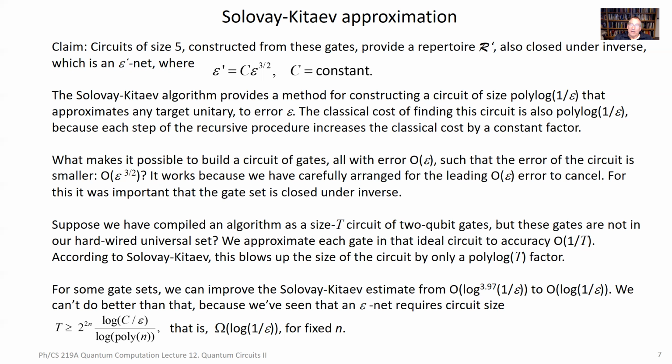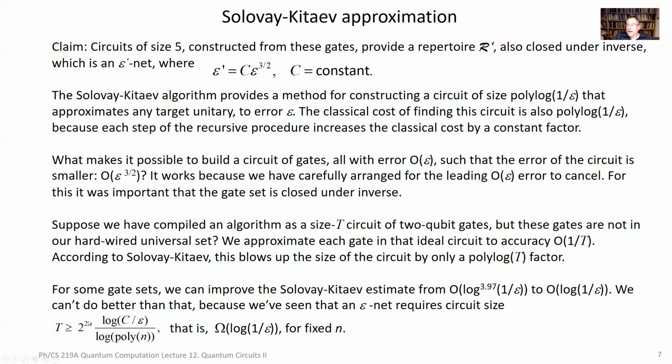If we want to, it could be SU(4), the 2-qubit gates, I'm trying to cover them with little balls. The number of balls that I need is going to be exponential in 1 over epsilon. And the argument essentially was the number of circuits grows exponentially with the circuit size. And if we want to be able to approximate any unitary, then we're going to have a circuit size which goes with the error like the log of a constant over the error epsilon.